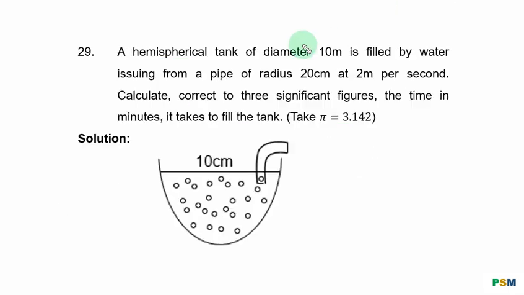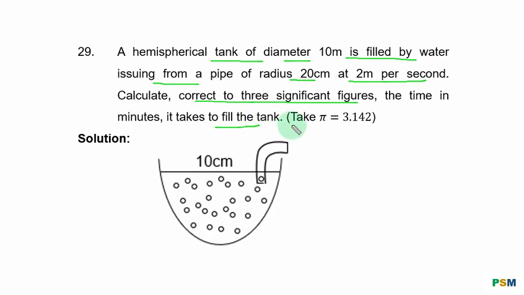Example 29. A hemispherical tank of diameter 10 meters is filled by water issuing from a pipe of radius 20 centimeters at 2 meters per second. Calculate correct to 3 SF the time in minutes it takes to fill the tank.